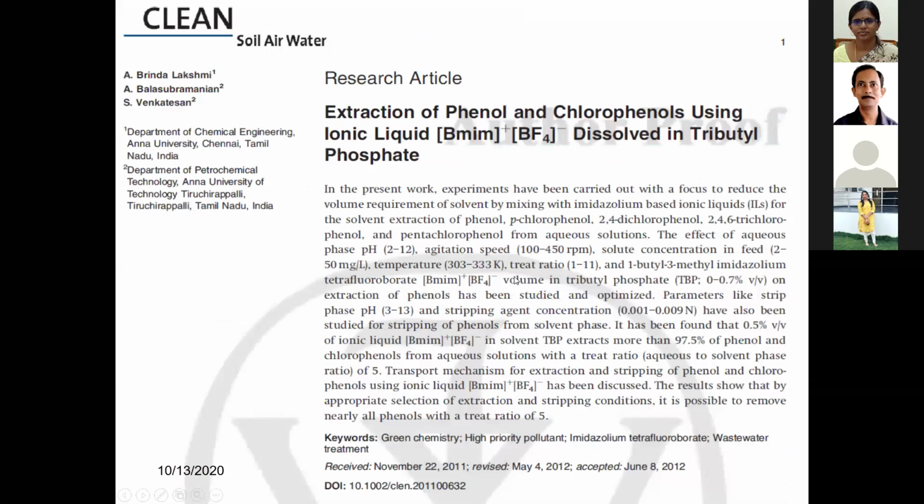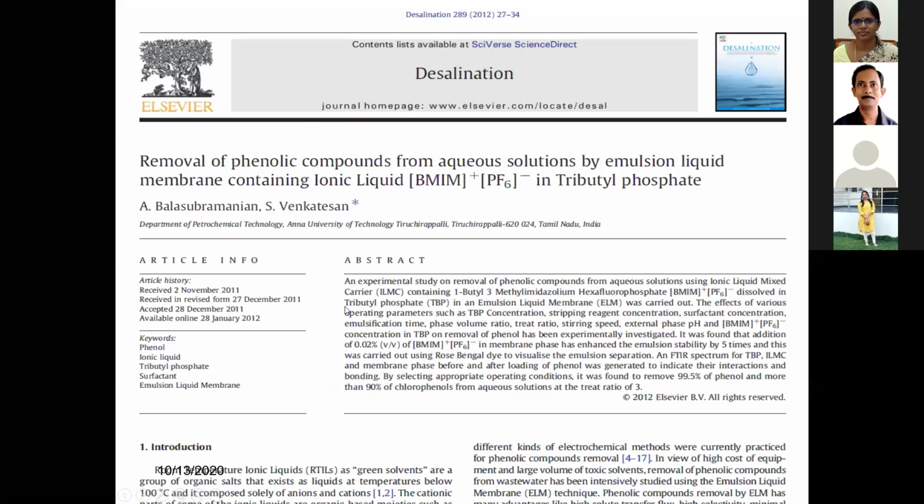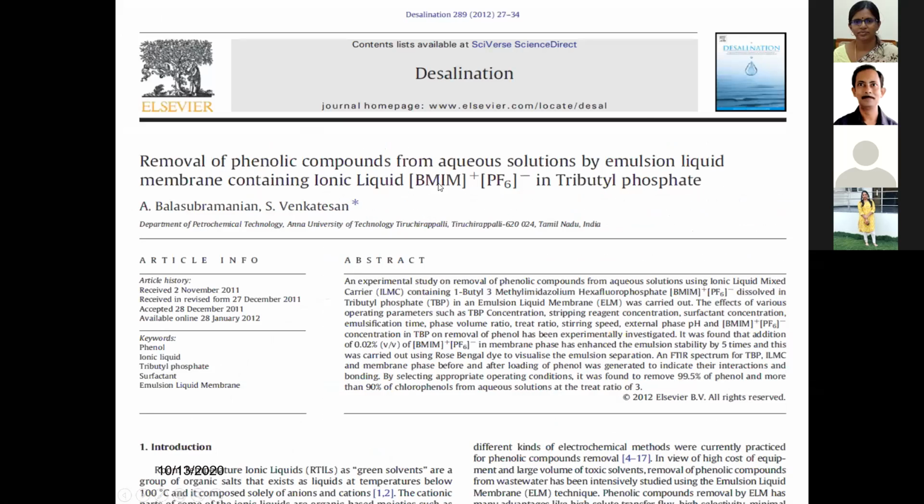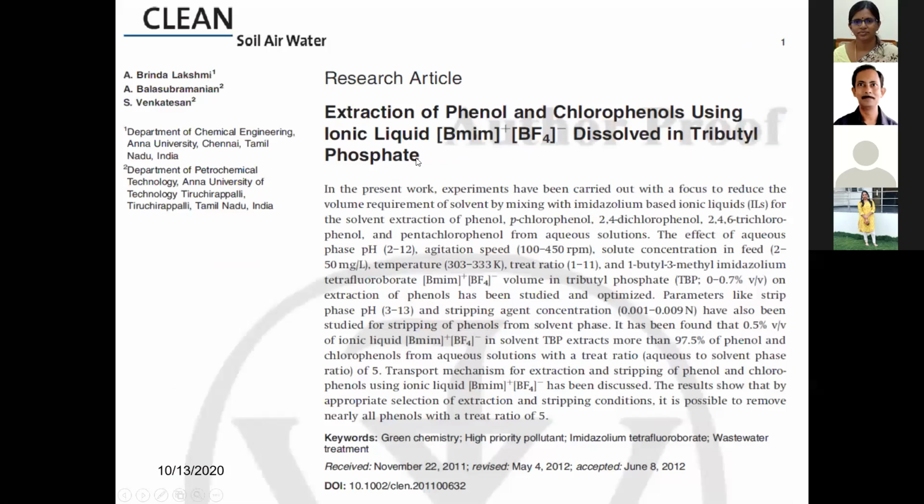One of my scholars completed studies as part of the DST project. In this work we incorporated the ionic liquid with solvent in the emulsion. We take the ionic liquid in tributyl phosphate and call it a solvent membrane.